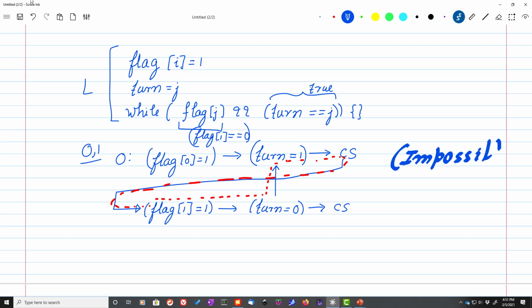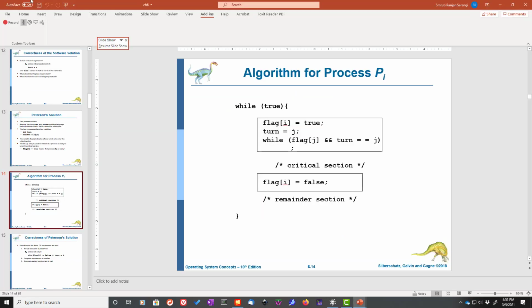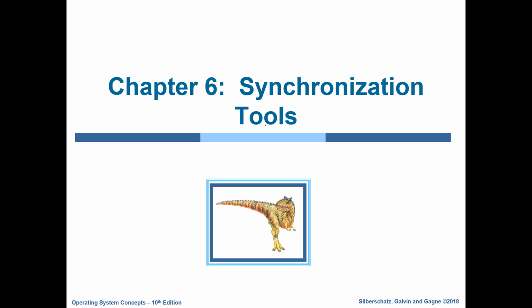This is absolutely impossible, that a cycle of happens-before edges, where the first event needs to happen before the second, cannot form. Given that such a cycle cannot form, we have a contradiction. Consequently, we say that this algorithm provides for mutual exclusion. So mutual exclusion is a part of this algorithm.